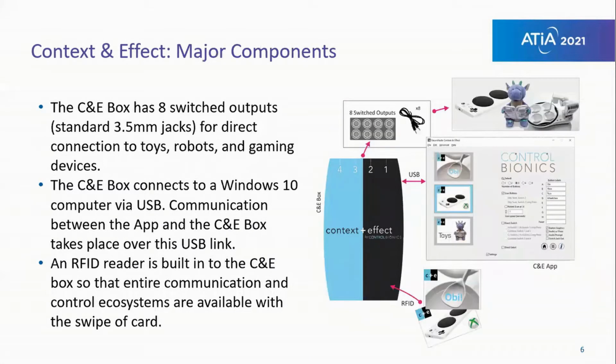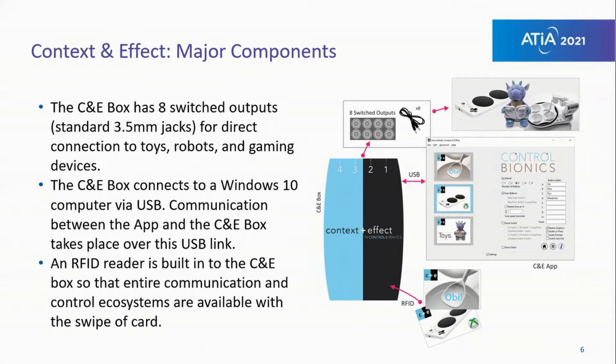The major components of our context and effect: one, there is a physical presence, and that is a small box that has 8 switched outputs. Those are the outputs that get connected to an Xbox adaptive controller or toys or a robot of some sort, like the OB dining robot.